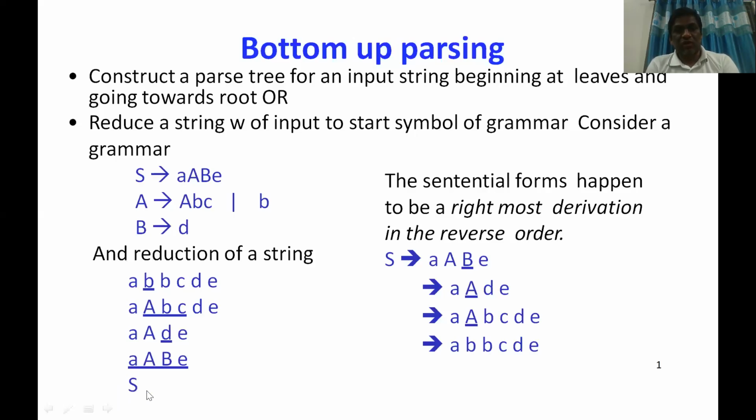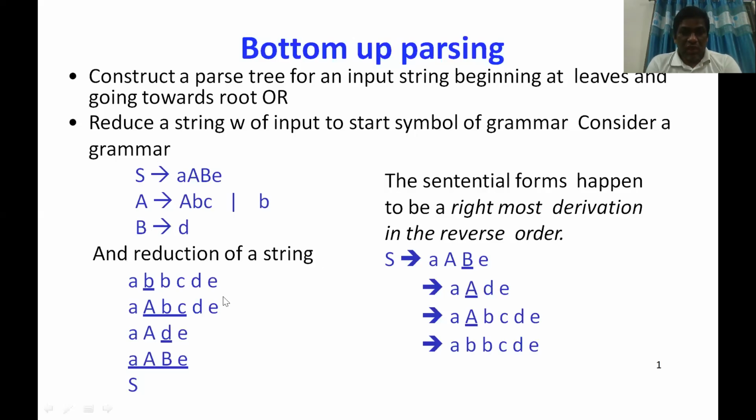If you remember what happens in top-down parsing, we start with the initial variable, the start variable of the grammar, that is S, and then we try to derive the corresponding string. So it is absolutely opposite to this. Whereas in bottom-up parsing, we begin with the input string and we try to derive the symbol S. In top-down parsing, we begin with the start variable capital S, and we try to derive the string. These two are opposite to each other.